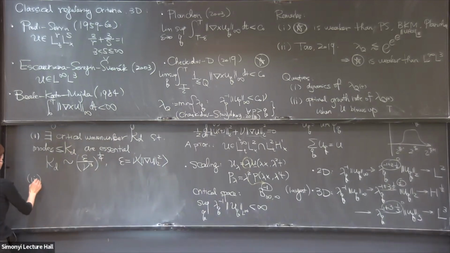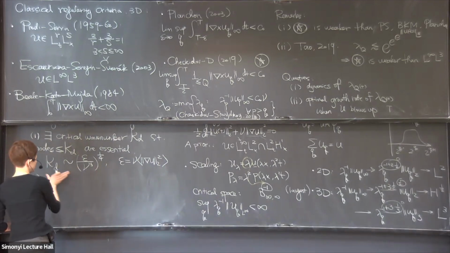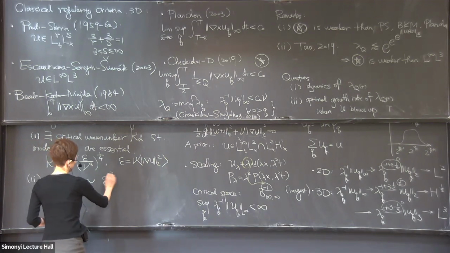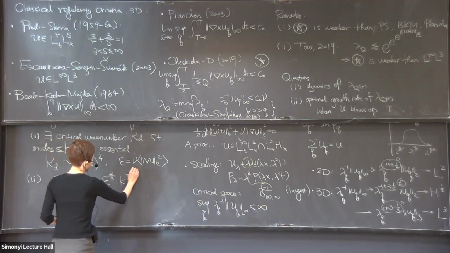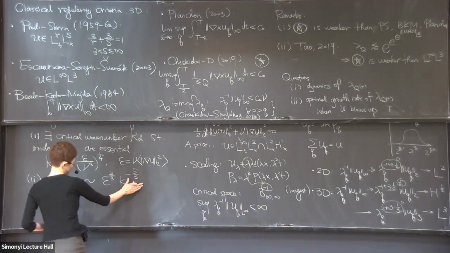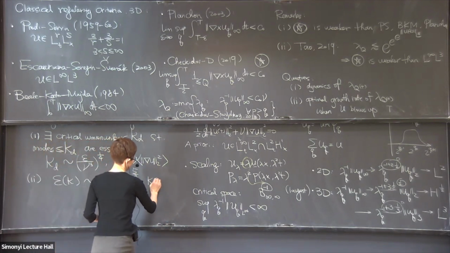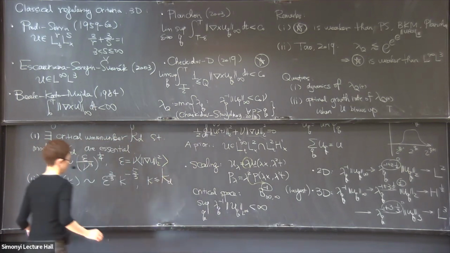Second, below this wave number, there is this energy spectrum scaling. It's the famous -5/3 law, for k less than the critical wave number.